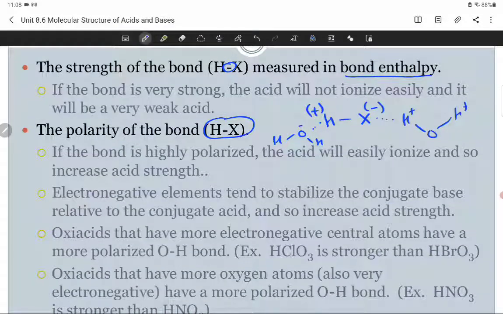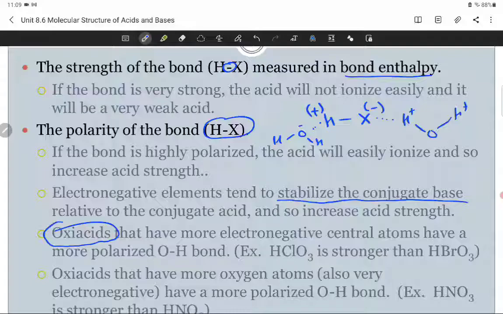Often individuals talk about this stabilizing the conjugate base. We're not going to get into a lot of details on that other than what I just mentioned there, that polarity idea. But here is a vocab that I think we need to be familiar with: oxyacids.